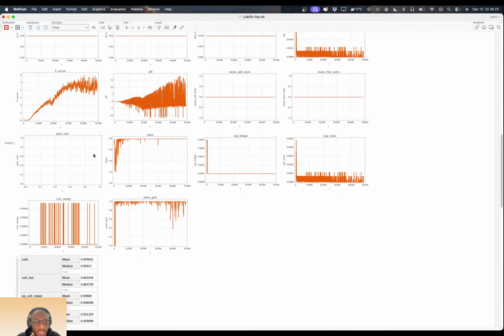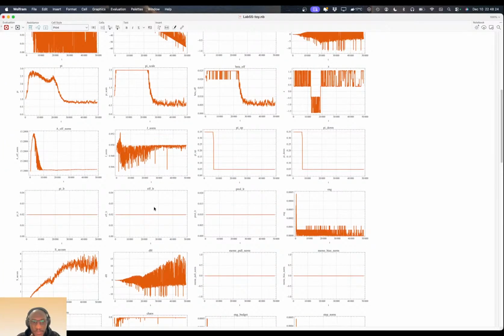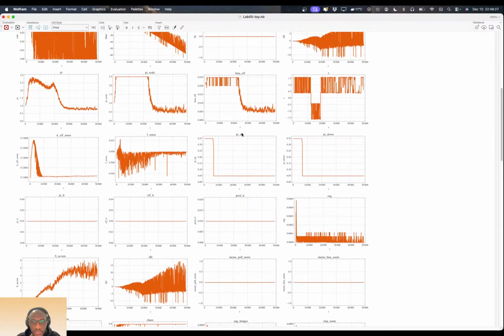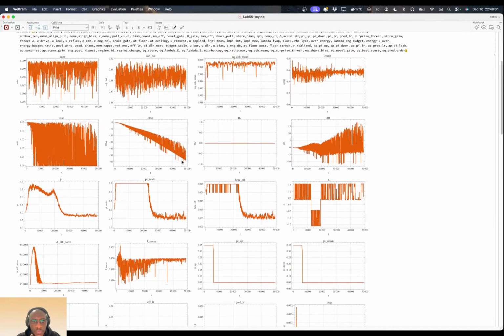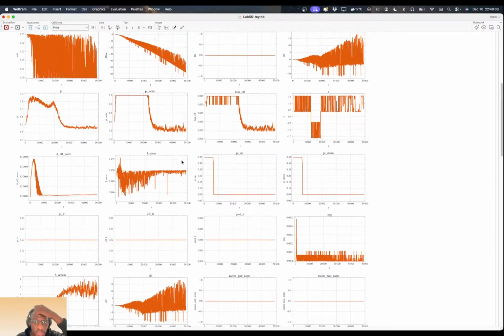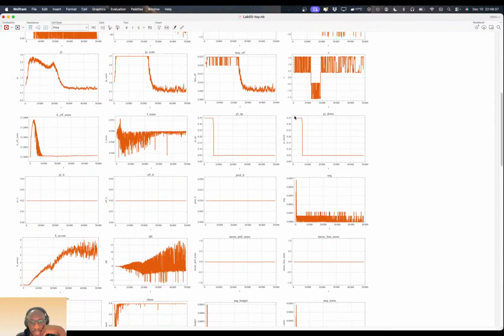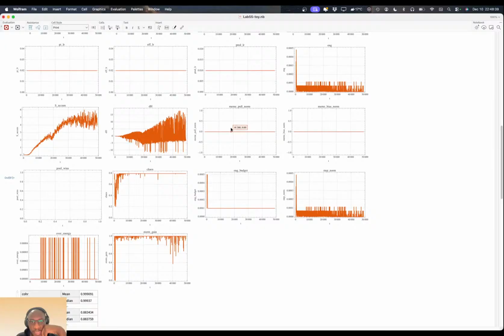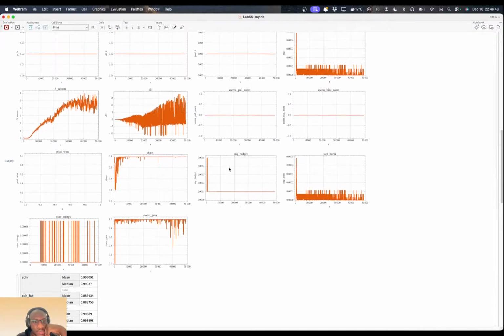How is energy? I want to see energy. Where is it? I don't have energy. Compression is also not bad. I want to see energy. Energy doesn't really. Oh, wait, this is the budget. It overshoots a lot.